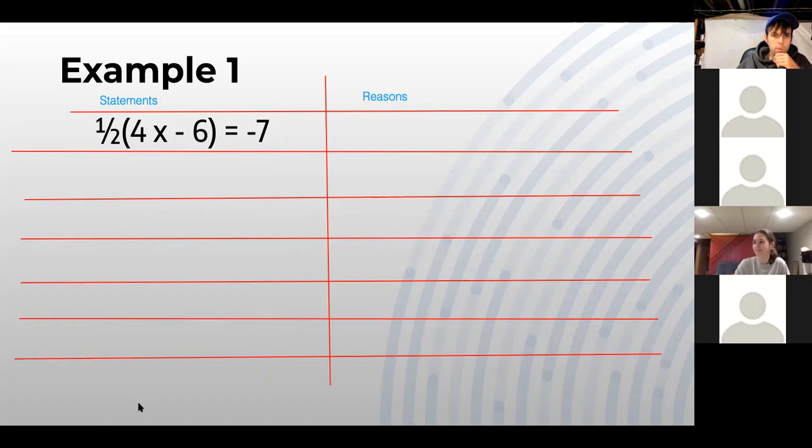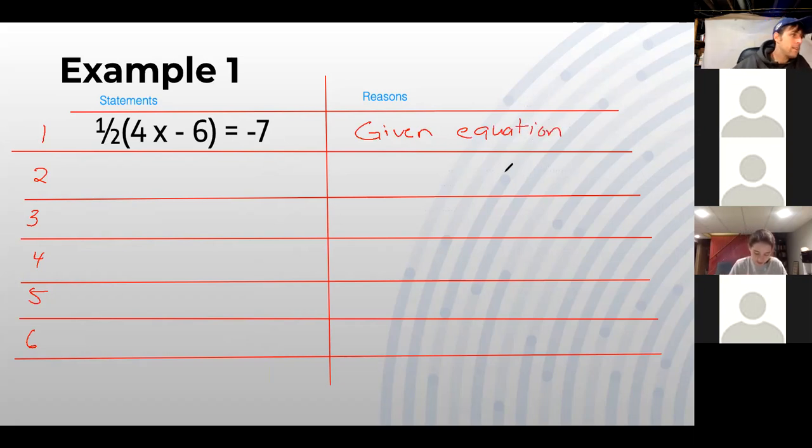A lot of times you will see each step numbered for easy reference. And we're always going to have whatever is given to us in the beginning. We'll either use given, or given equation, or hypothesis, whatever. That's a common thing that we'll see, that we always start with whatever has been given to us.